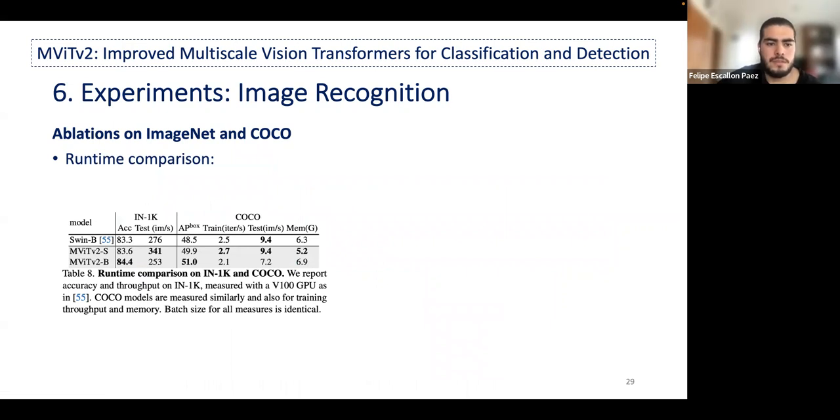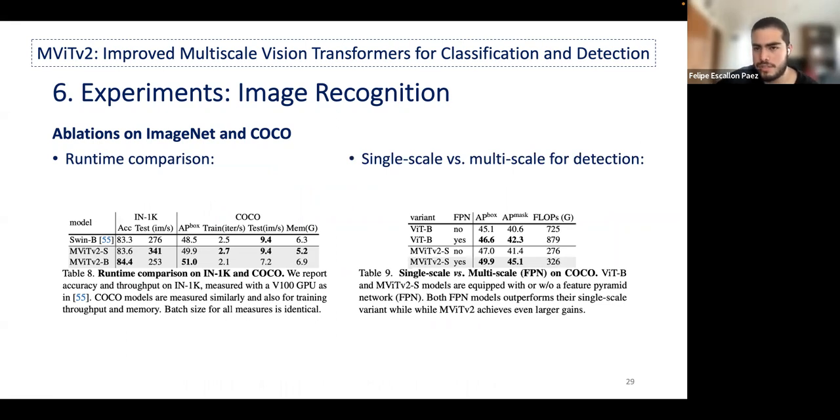So in runtime comparison and in single scale versus multiscale for detection, once more, they show they are the state of the art nowadays, but they do talk a lot about the trade-offs.